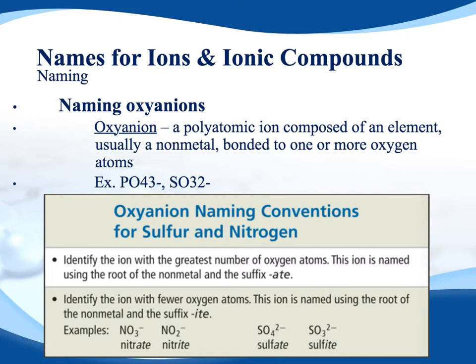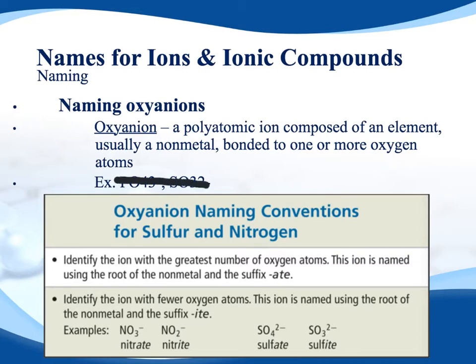Okay, how to name these polyatomic ions. If you notice, a whole bunch of them contain oxygen. Those are called oxyanions, and that is any polyatomic ion composed of an element, usually a nonmetal, bonded to one or more oxygen atoms.